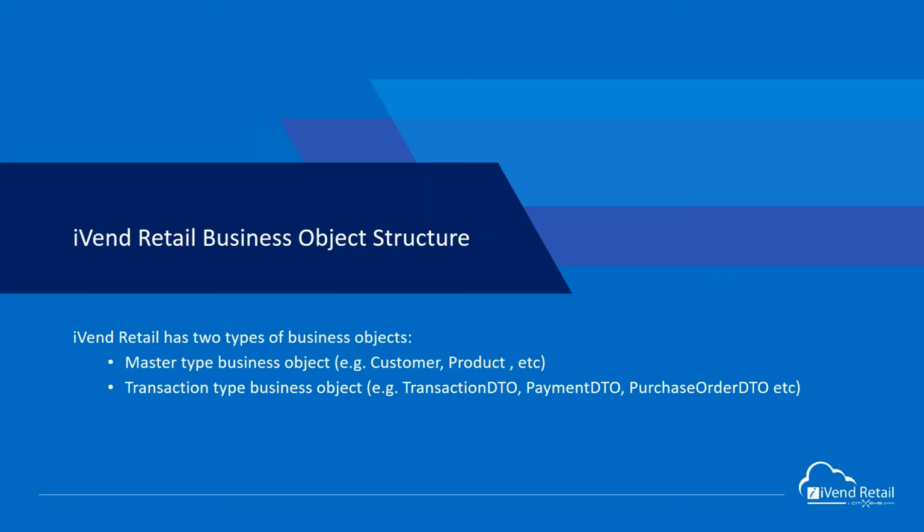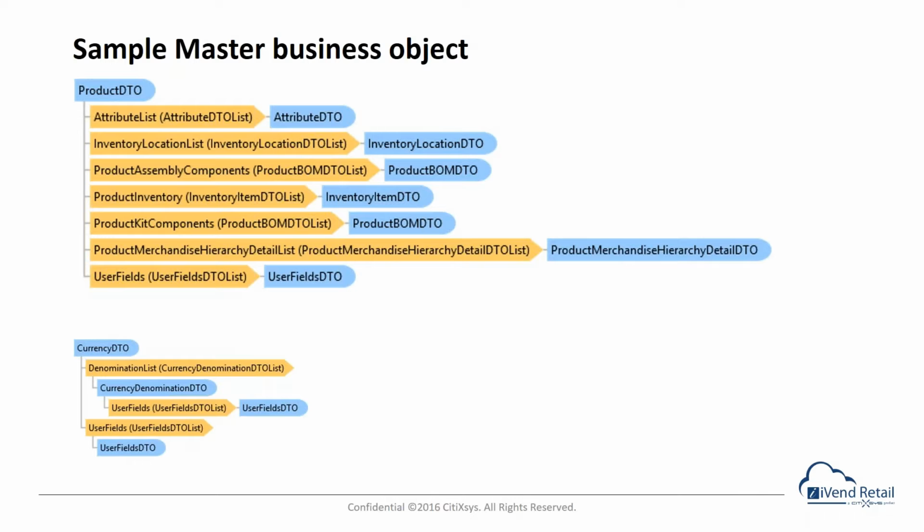In master type, you'll see, for example, customer object, product master, etc. And when it comes to transactions, in POS you do a transaction, so you have a DTO object to share the data, rather save or get the data, transaction data, payment DTO, and then a few management console operations, like back office operations like purchase order. So these are the transaction type business objects in iVend.